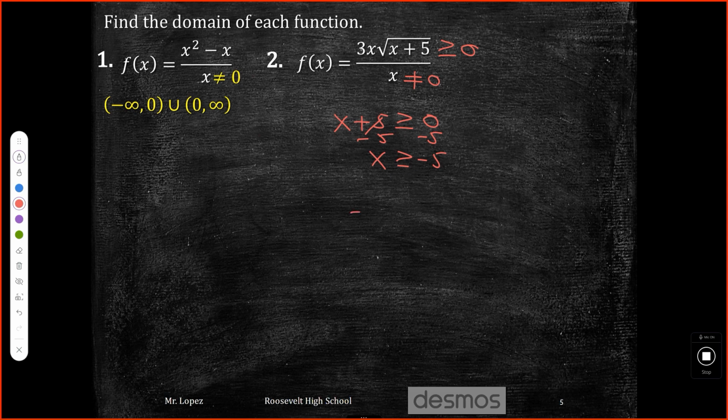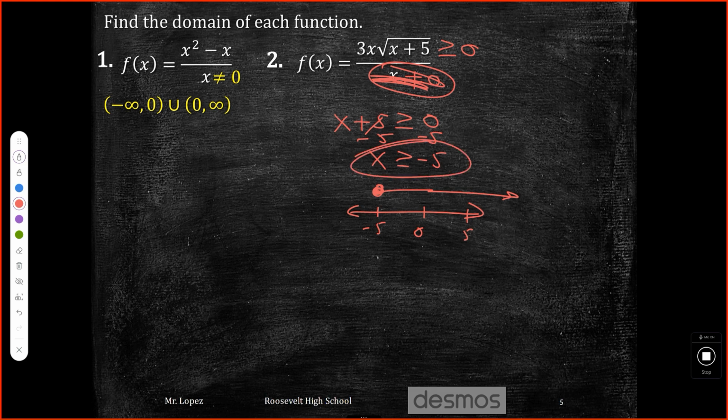So if you put this on the number line, and you look at all the values that are greater than or equal to negative 5, here's negative 5, this is 0, this is 5. Greater than or equal to negative 5 goes this way. Well, x already cannot equal 0, so that takes care of that problem over here.